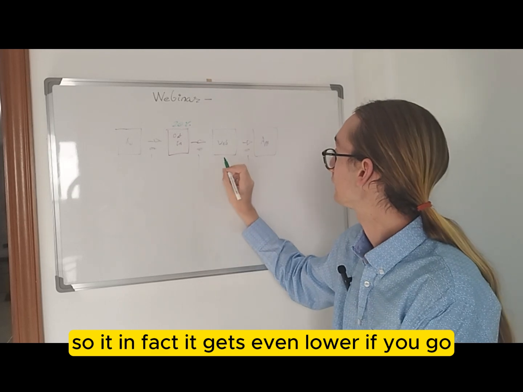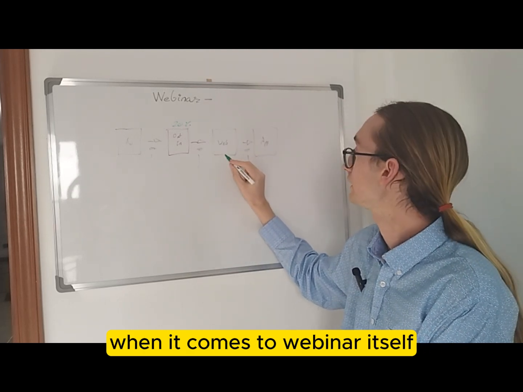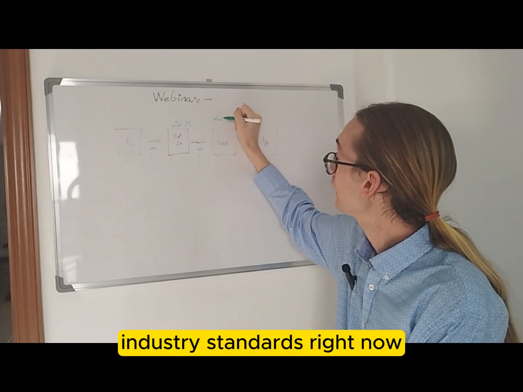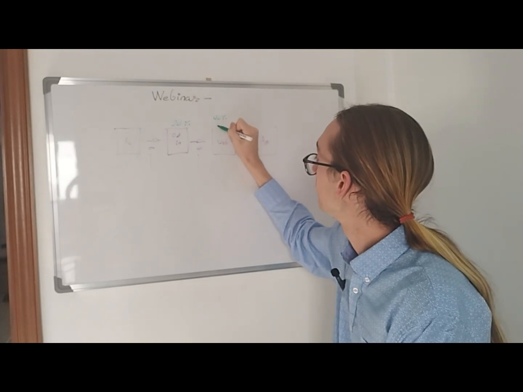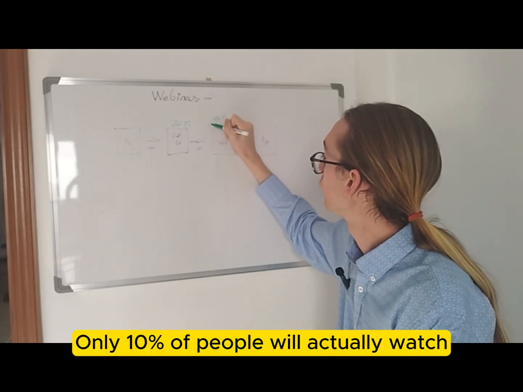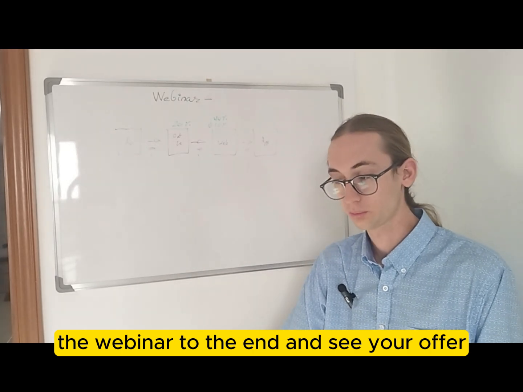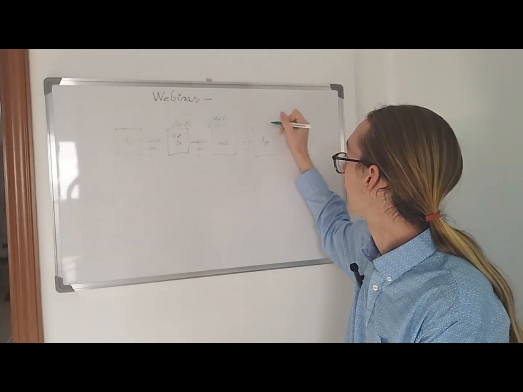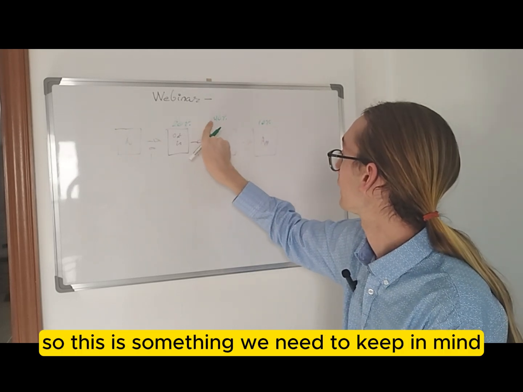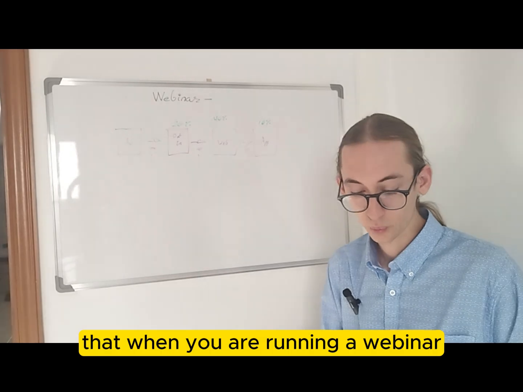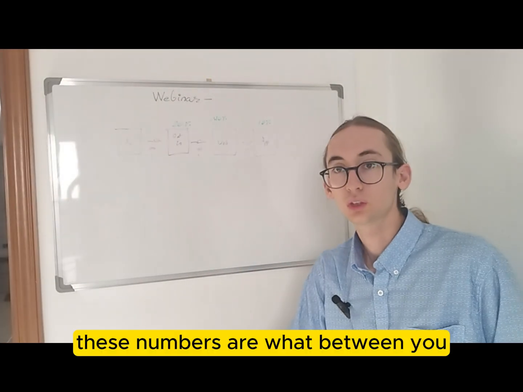When it comes to the webinar itself, industry standards right now, only 40% of people will press play, and of those 40%, only 10% will actually watch the webinar to the end, see your offer, and make an application. So this is something we need to keep in mind, that when you are running a webinar, these numbers are what's between you.